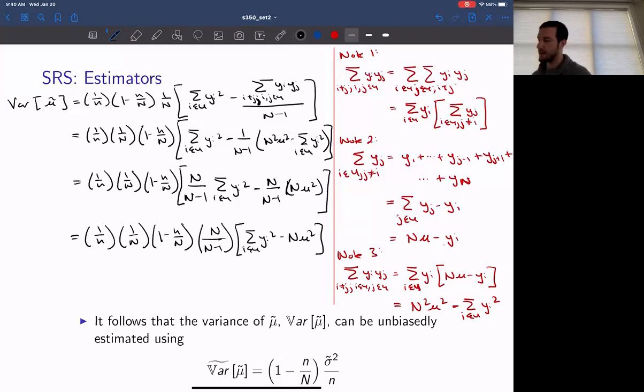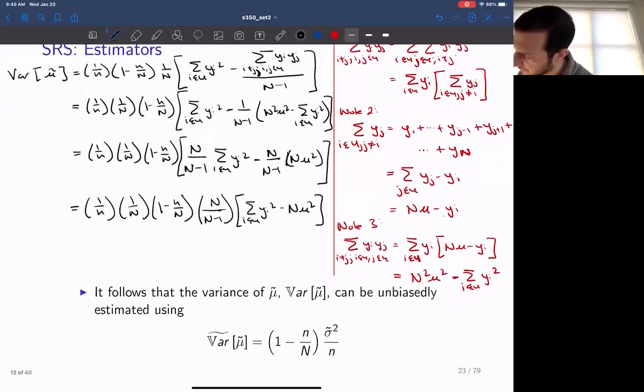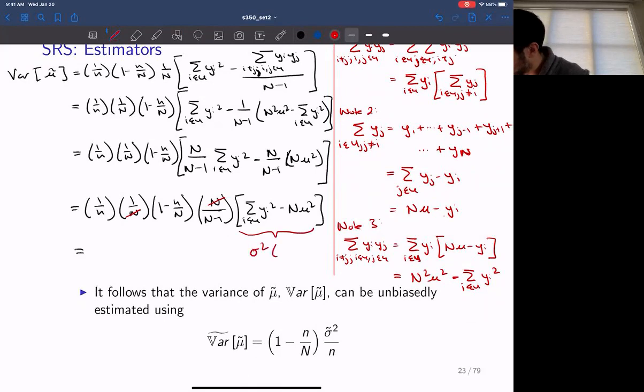Okay, and now we're at the last part. So we start to get a little bit of cancellation here. So this term is gone. This term is gone. This thing here, we can call sigma squared multiplied by n minus 1. All right.